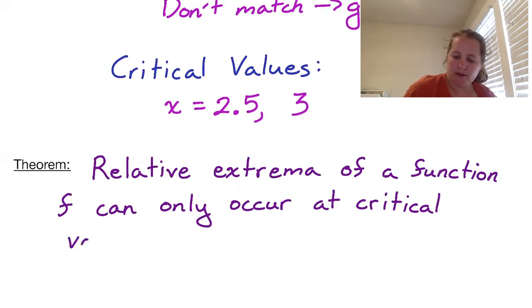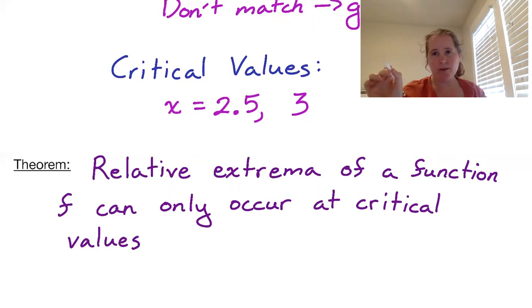Relative extrema require the function to turn around. So either it has a smooth turn, in which case the derivative would be 0, or it has a sharp turn, and then we would have an undefined derivative.